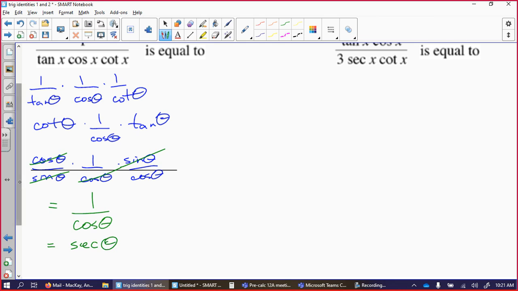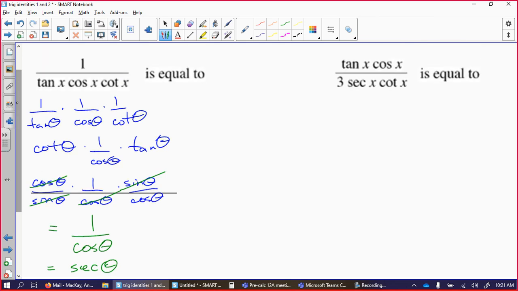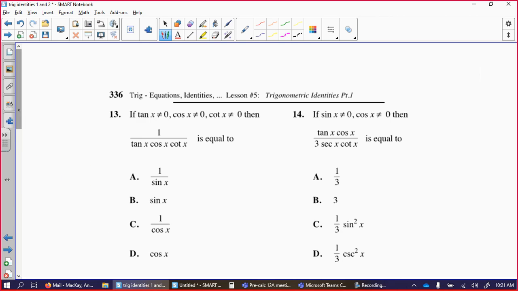It looks intimidating, but for any fraction where it's multiplication, the trick is to just break everything down. That's going to be our strategy. They say 1 over cos x, same thing.